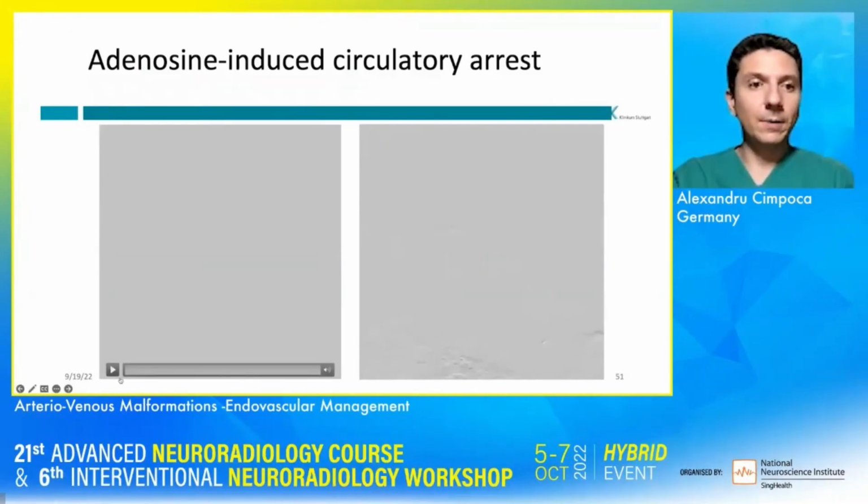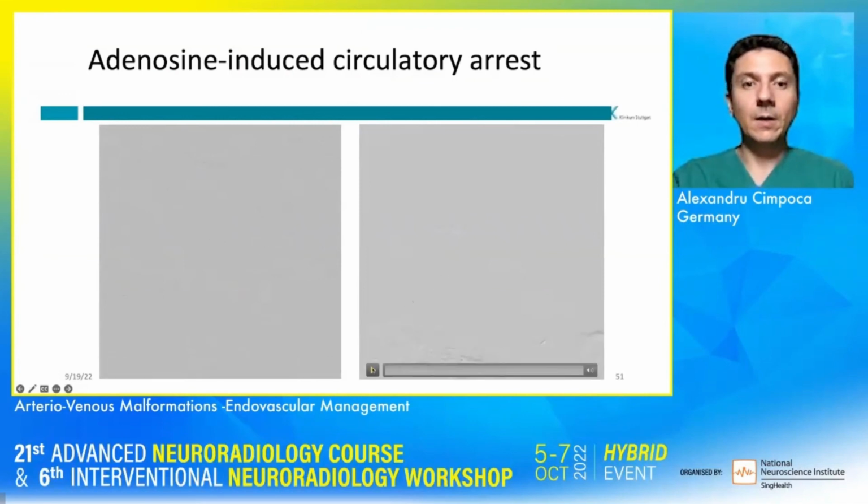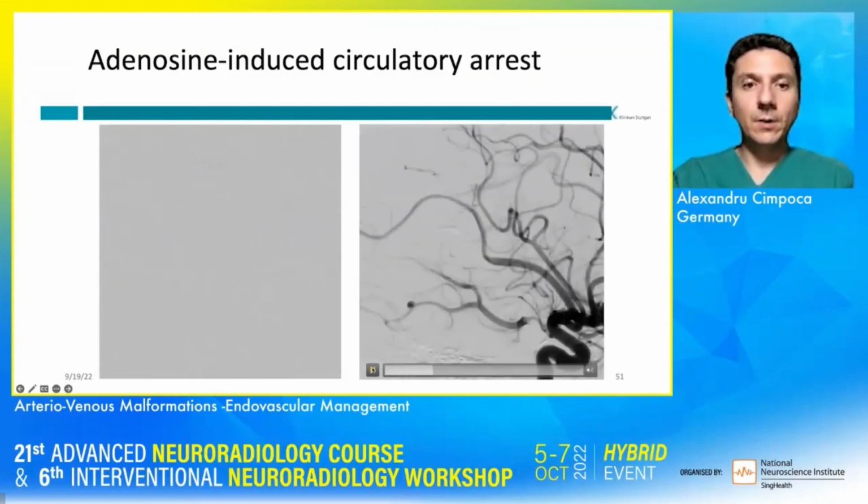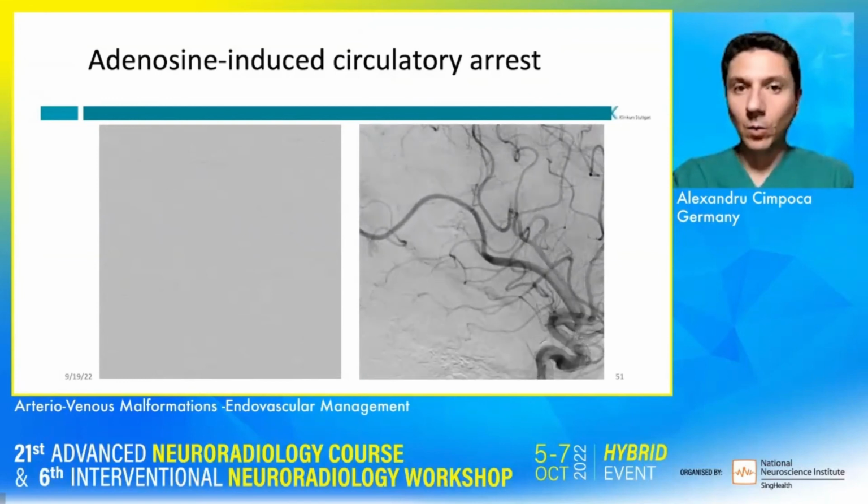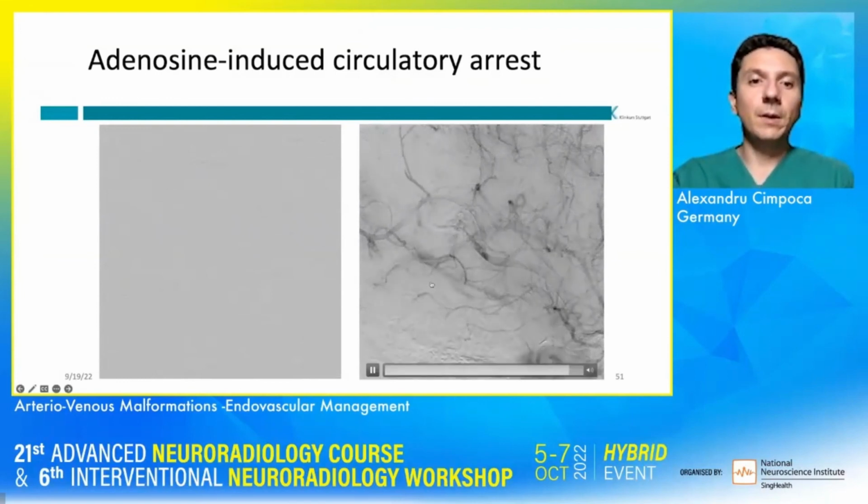And here, under cardiac arrest, the very slow, controlled deposition of NBCA, reaching only the proximal part of the nidus and the main feeding artery. The angiogram shows complete occlusion of the AVM.